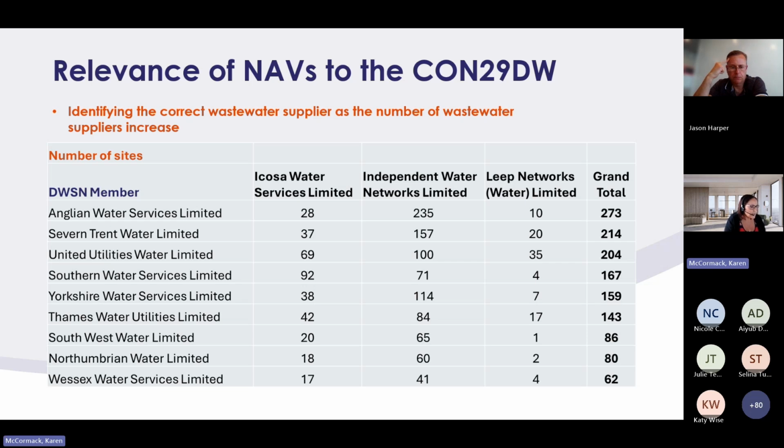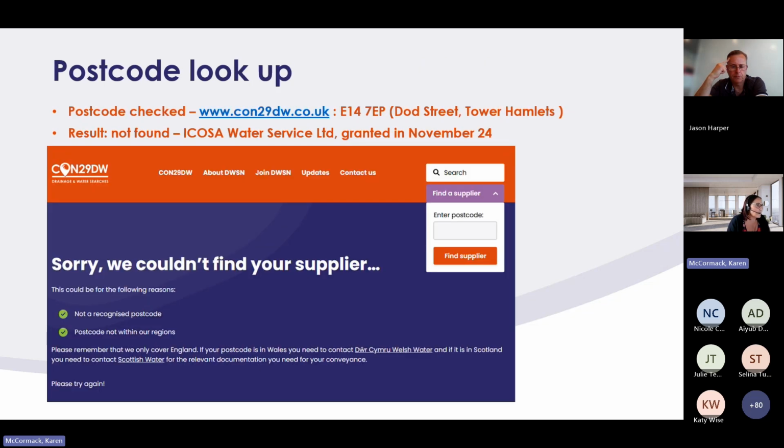So for the next couple of slides, I just wanted to give examples of how it may look in the postcode lookup. With this postcode, which is in Tower Hamlets in the Thames area, this NAV was only granted in November 24, so it's quite a new site for ICOSA.